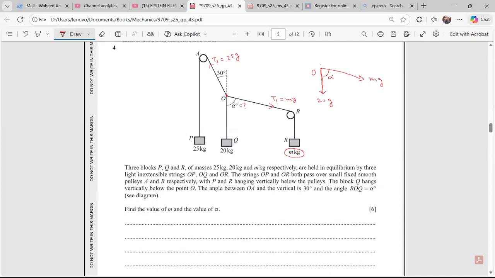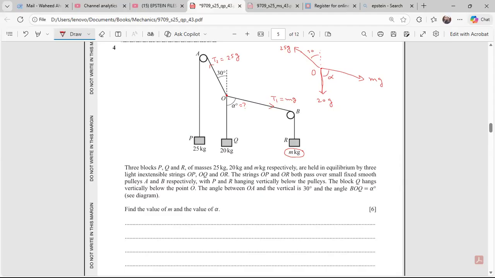And there's another force which is making an angle of 30 degree. Oh, it's a bit more than 30. And this is 25g. So these are the three forces. Now, these two forces, mg and 25g, are not horizontal or vertical, so I need to resolve these forces into x components and y components.